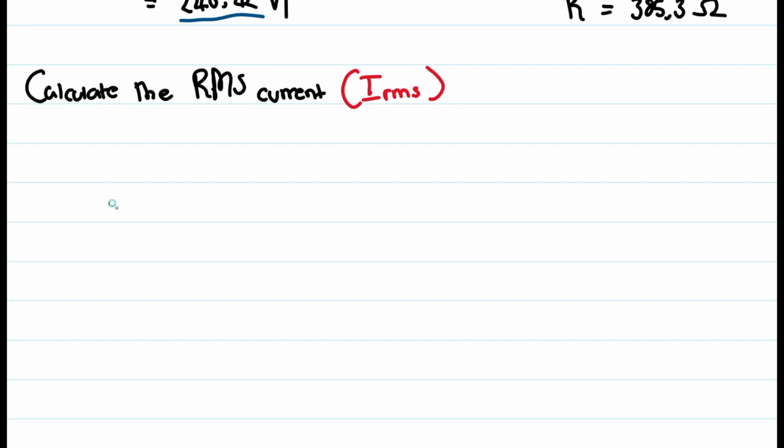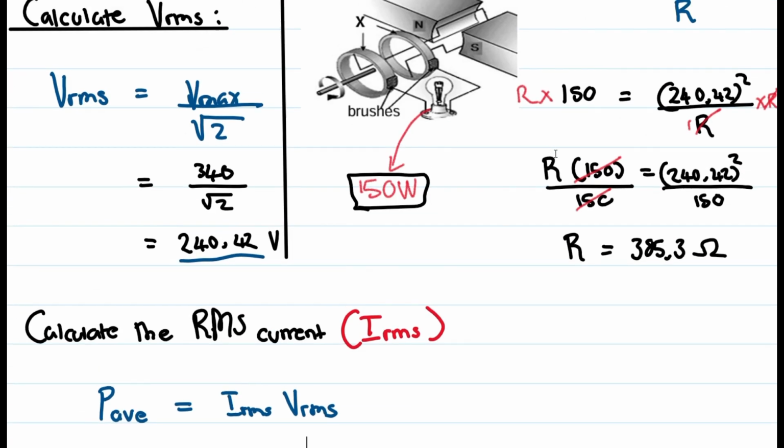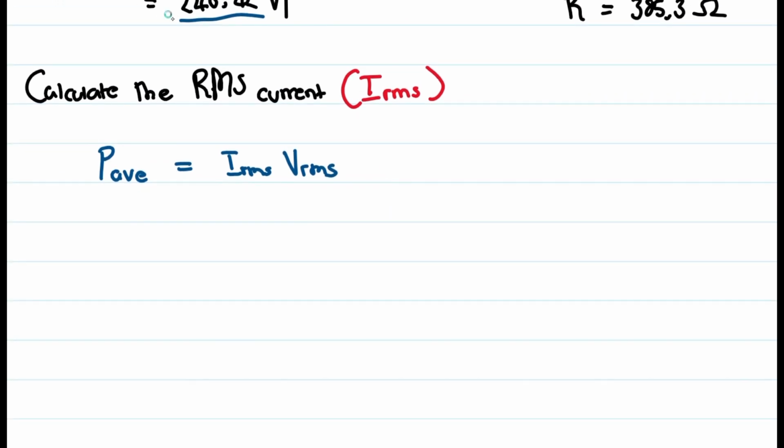Another way we can find that is like this: the average power is equal to IRMS multiplied by VRMS. We already have the average power, which we got from the previous question, so we have 150 watts. We can just plug that in.